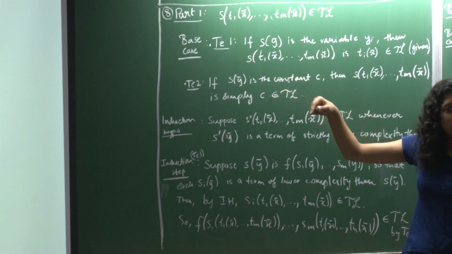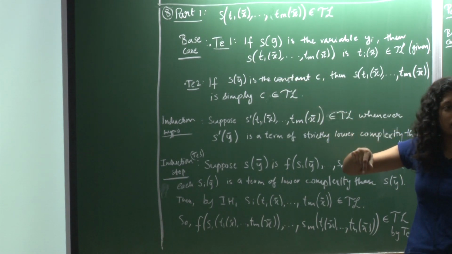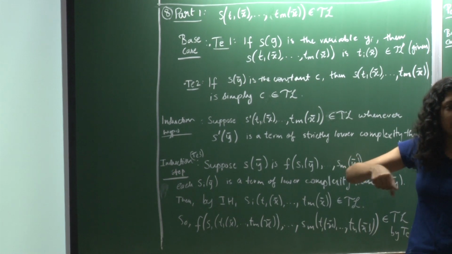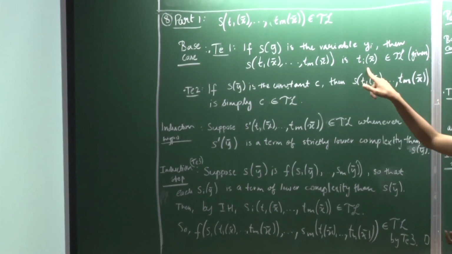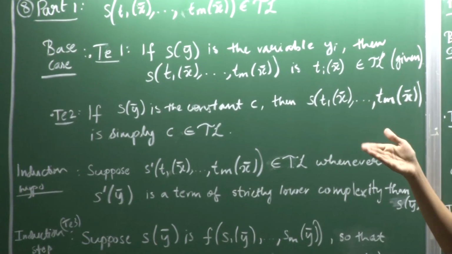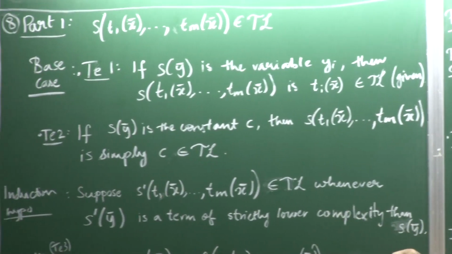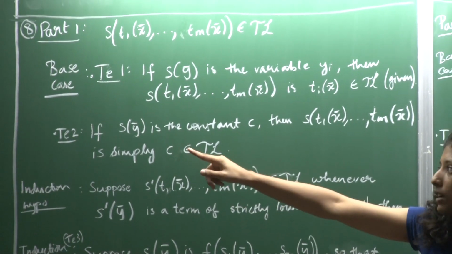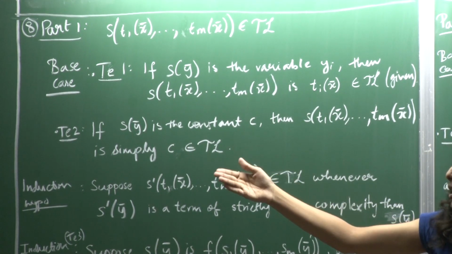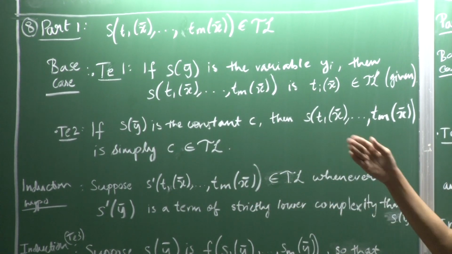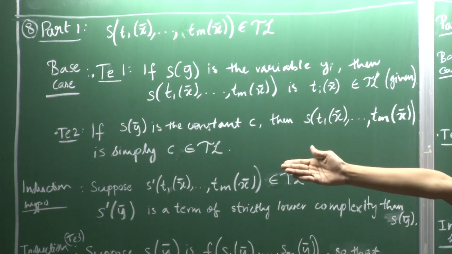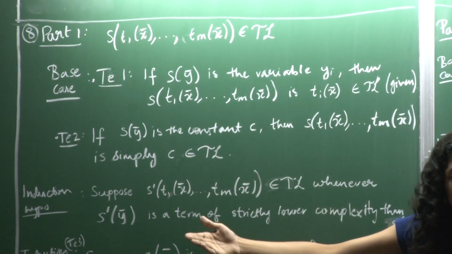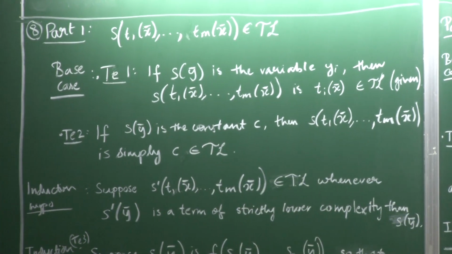It's a projection. It will give you the ith component, which is Ti x bar, which you are given is a term. It's given in the question. On the other hand, if Sy bar is a constant, then whatever input you give it, it's going to be the same constant, which is also a term by definition of terms.